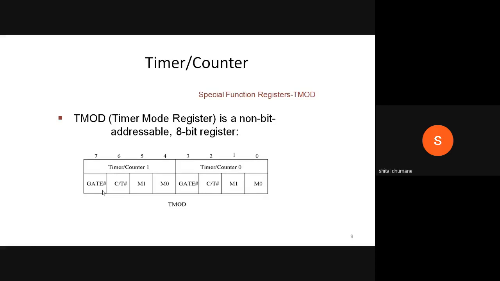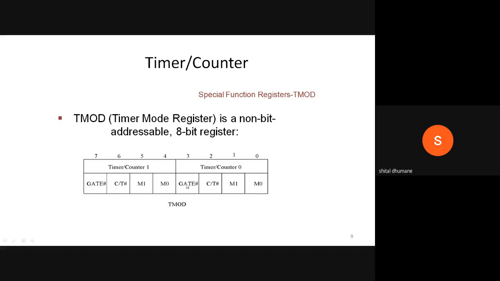Generally we are going to use the software way, so we will always make this gate bit 0. So remember the function of the gate bit: it is for starting and stopping of your timer with software control or hardware control. With software control, the gate bit will be 0, and with hardware control using some external sources, the gate bit will be 1.